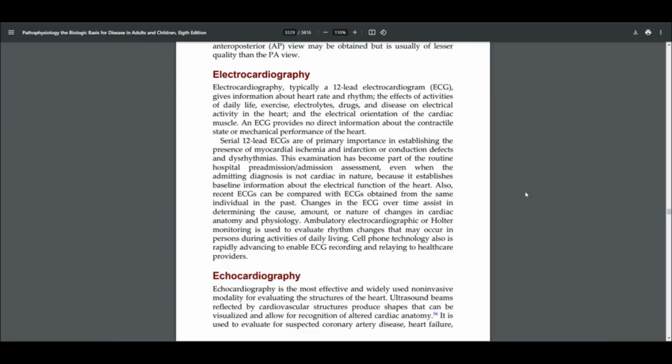Also, recent EKGs can be compared with EKGs obtained from the same individual in the past, so that changes in the EKG over time assist in determining the cause, amount, or nature of change in cardiac anatomy and physiology.